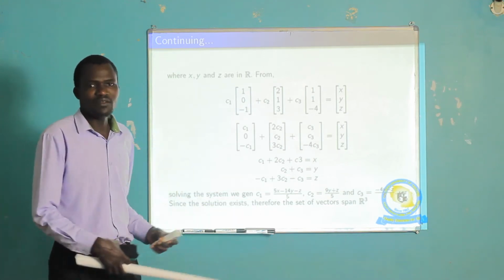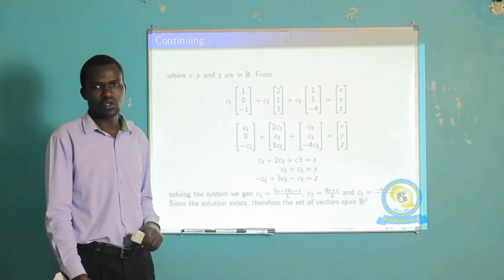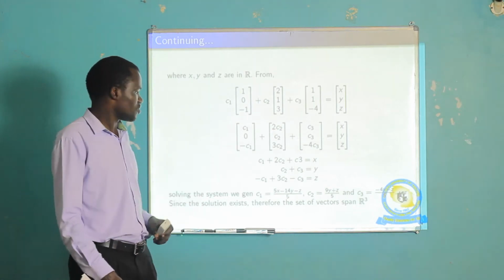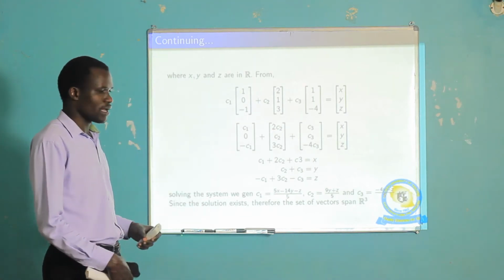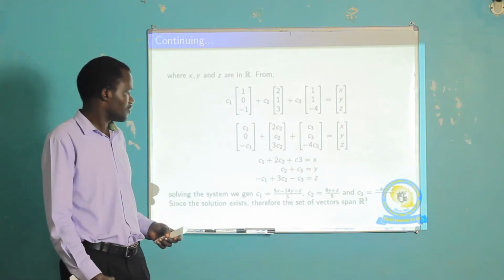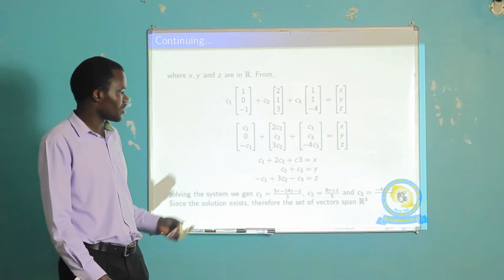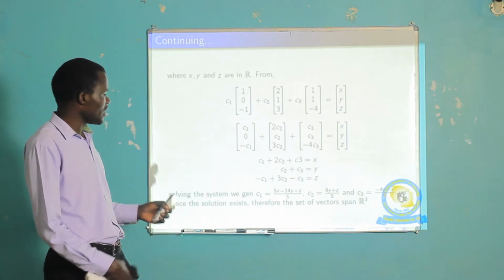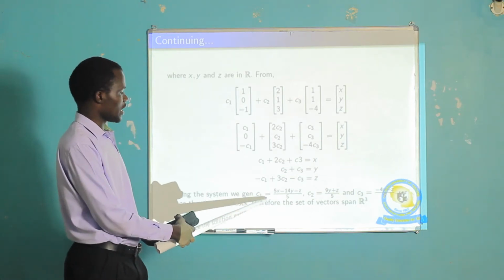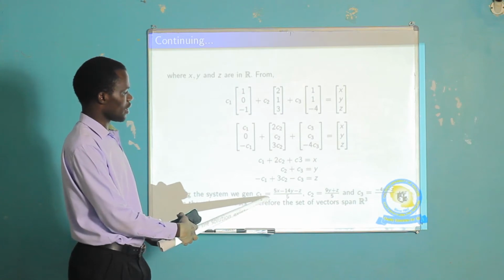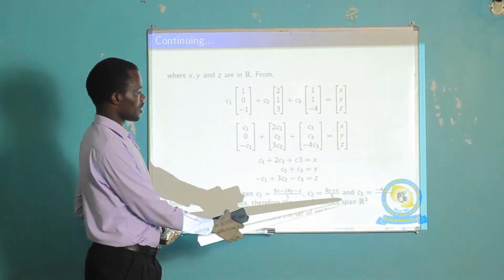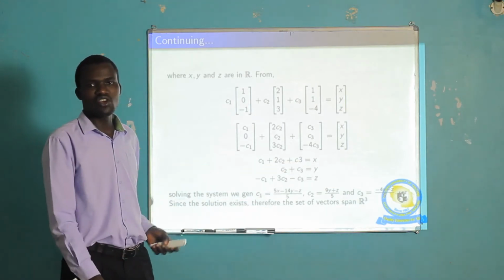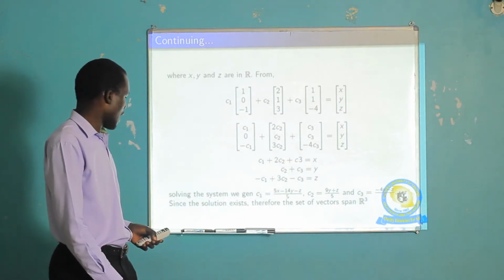So we solve using any method of solving a system of linear equations. I hope every student is aware of solving such a system. You can use any method. For me here, by solving, I obtain C1 equal to this one, C2 equal to this one, and C3 equal to this one. x, y, and z can be any real numbers.